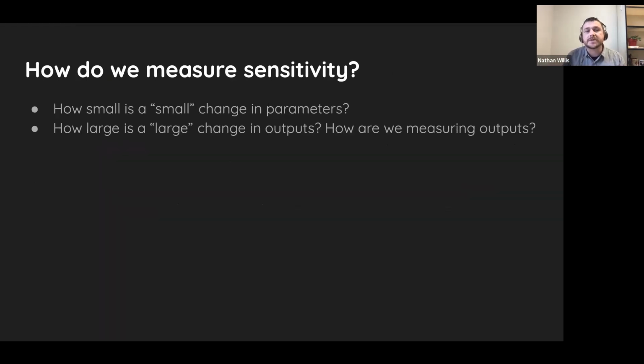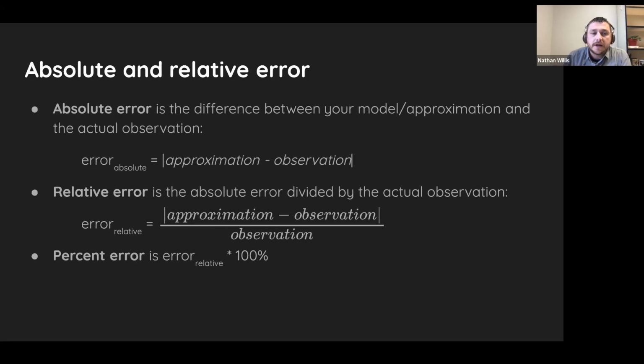So very similar to what we saw in the last one, our absolute error is our approximation minus our observation. In this case, our observation is the first value of the recovery rate, and the approximation is the next value. And what's the difference between those two? Gives us some idea of how this small change in our input changes the output, right? And then we can scale this by the original value, and of course, multiply by 100 to get to a percent.